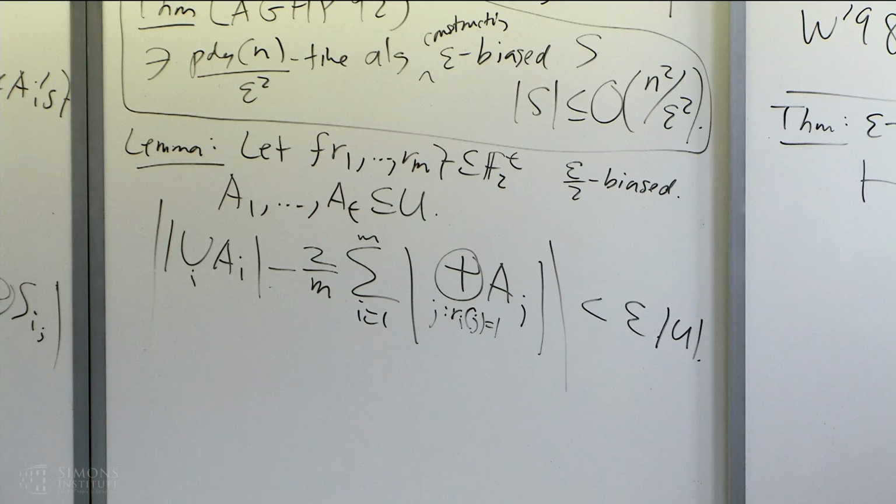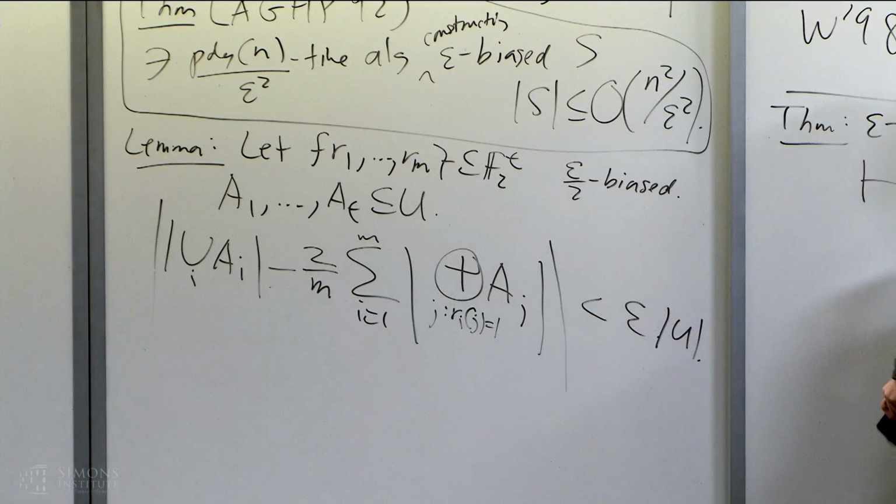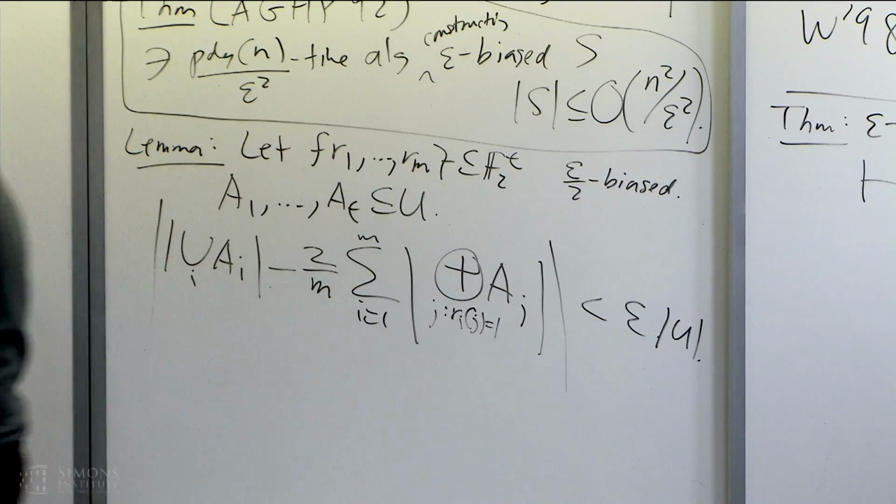I don't have a whole lot of time left, so I will just say what claim it follows from. And it's not so hard to think about how this approximate formula follows.